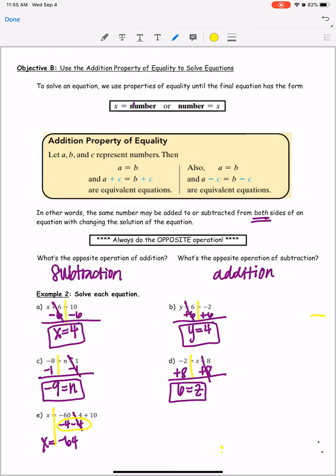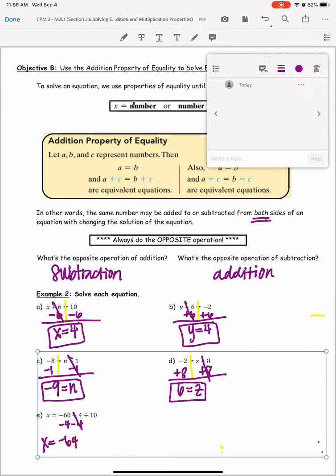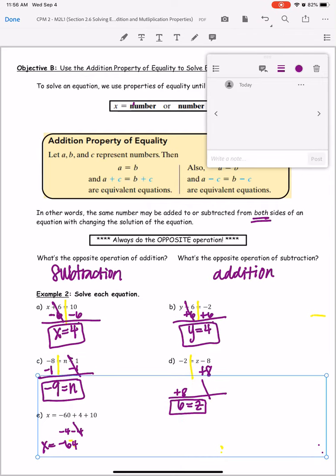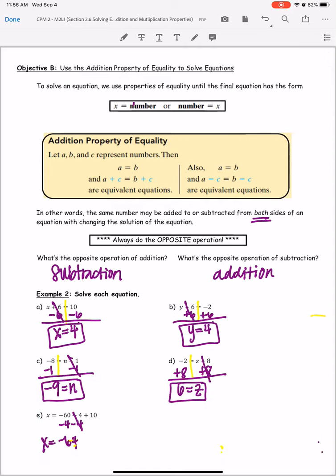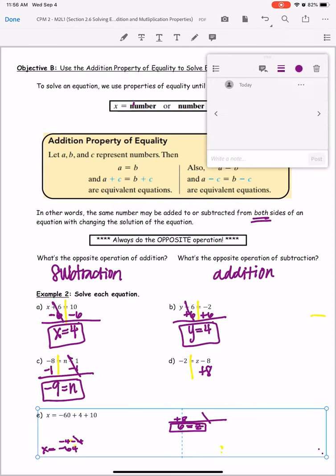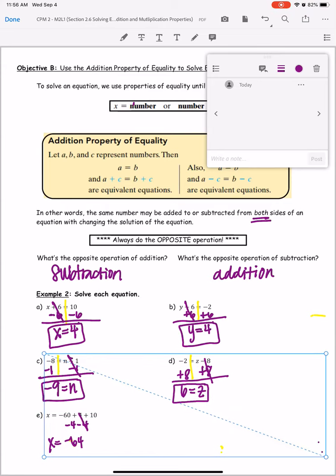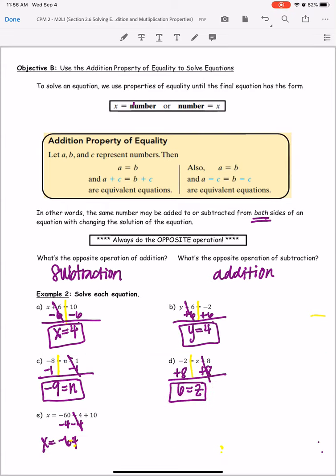Okay? So when this happens, and I don't know if I'm going to be able to erase this. Okay, so sorry guys, I can't erase for whatever reason. I don't know how to erase.